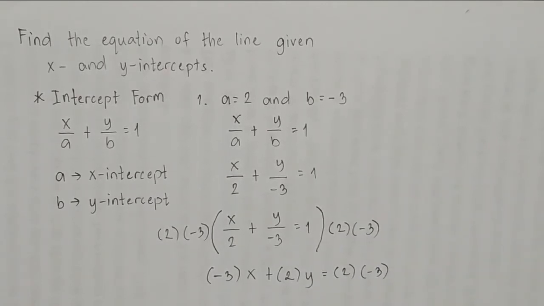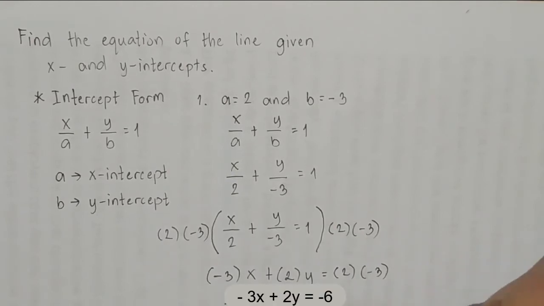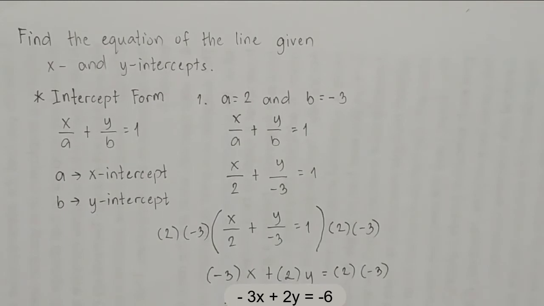At sa pagkakataon na to, pwede na nating i-simplify yung mga may parentheses. So, negative 3 times x, we have negative 3x. Plus 2 times y, we have 2y is equal to 2 times negative 3. We have negative 6.